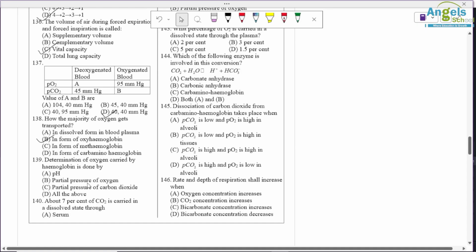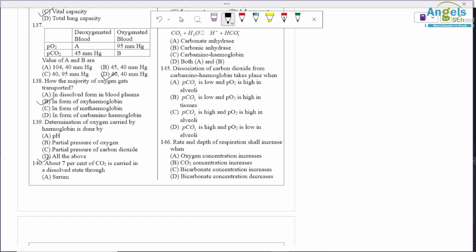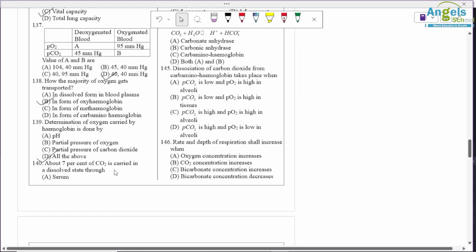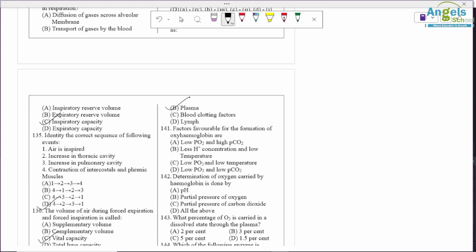Determination of oxygen carried by hemoglobin is done by pH, partial pressure of oxygen and CO2. So all of the above are correct options. Only 7% CO2 is carried in dissolved form, and that is through plasma only. So here B option is correct.